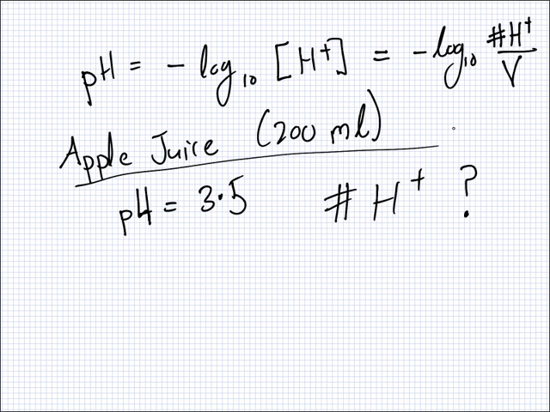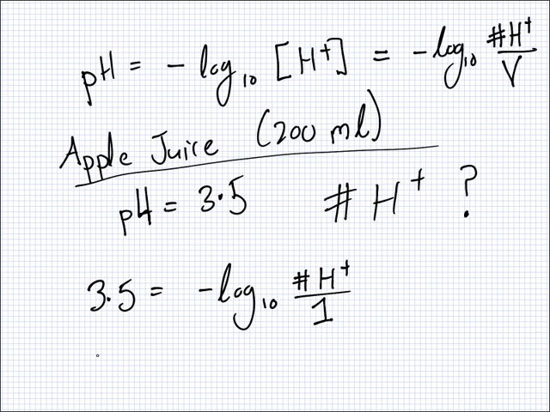Okay, so let's have a look here. pH is 3.5, that's equal to minus log base 10 of the concentration, which is the number of H plus over the volume. We can look at it for 1 litre and then fix our answer, which makes our life easier, because dividing by 1 is much easier.